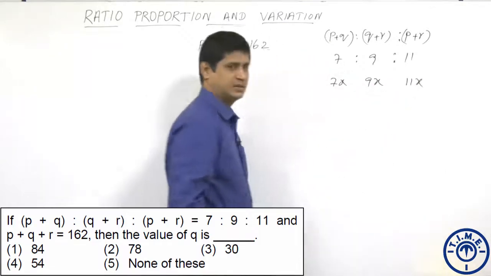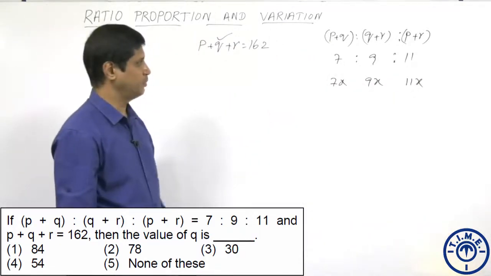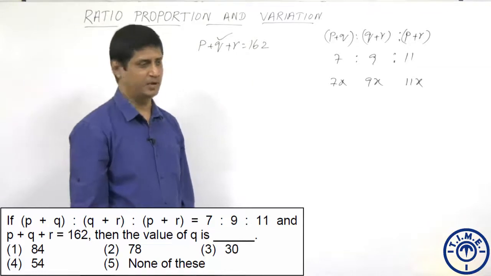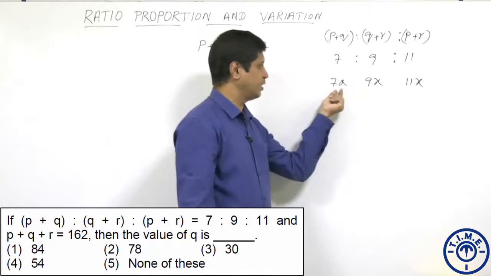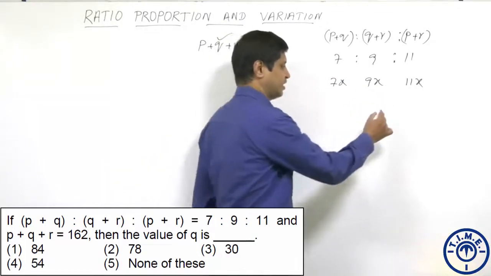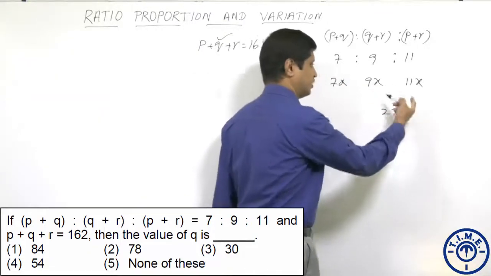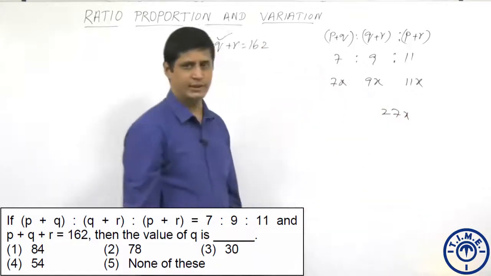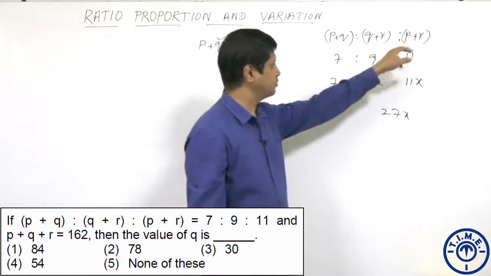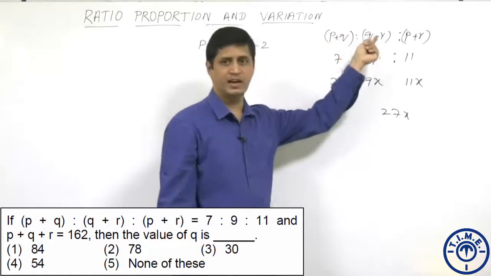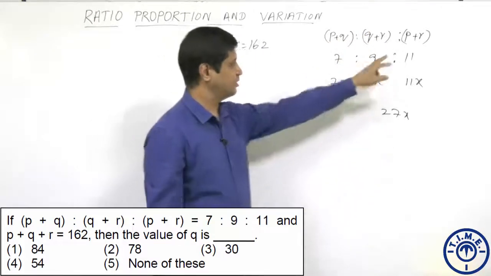These are the three parts: p plus q, q plus r and p plus r. Now by adding all these three parts, what do we get? The sum of all these parts is equal to 27x. 27x means 11 plus 9 is 20, 20 plus 7 is 27x. Now what is the sum of all these parts? It means p plus q plus q plus r plus q plus r plus p.